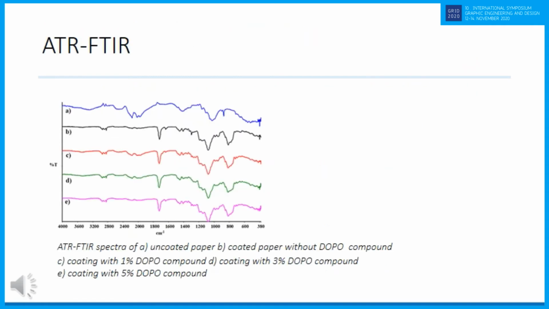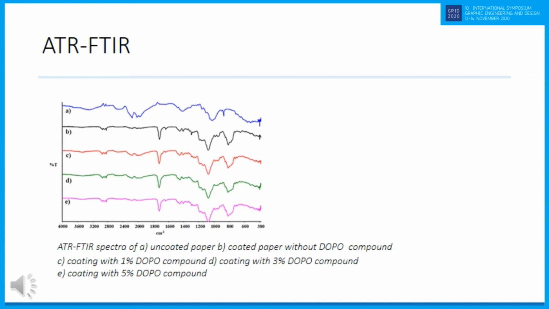DOPO containing paper coatings were characterized via FTIR spectroscopy and thermogravimetric analysis. The FTIR spectra of paper F0, F1, F3 and F5 formulations are given in this figure.